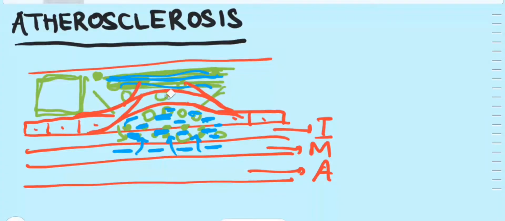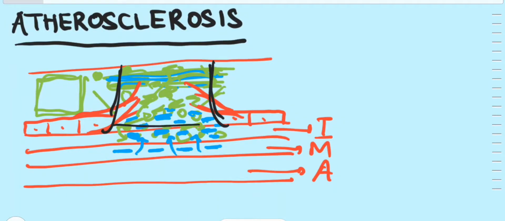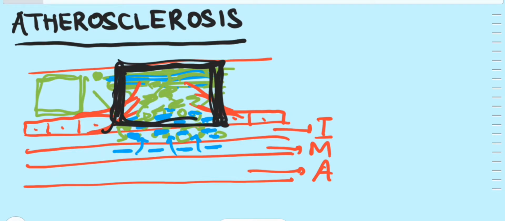So what happens is all of these cells and other components that were building up over here start going into your vessel. Now that they're in your vessel, they could completely occlude this part over here. And as we will see in the further videos to come, the consequences of this could be very devastating.